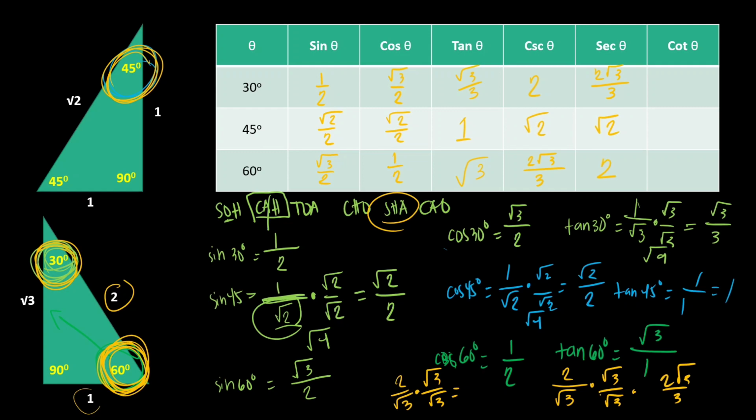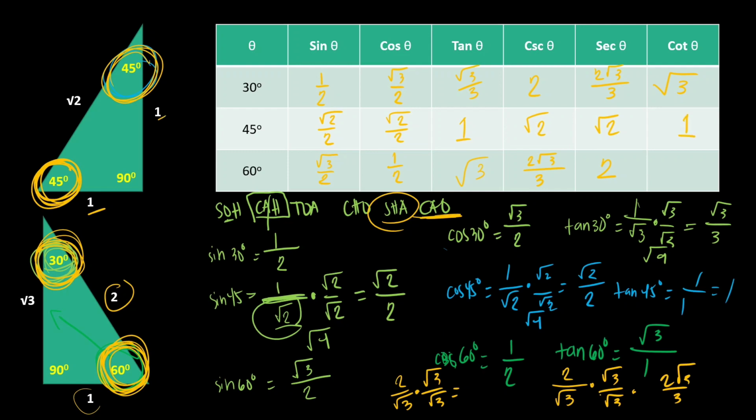For cotangent 30 degrees, its adjacent is square root of 3 over opposite 1, so square root of 3. For cotangent 45 degrees, adjacent is 1 and its opposite is 1, therefore 1.